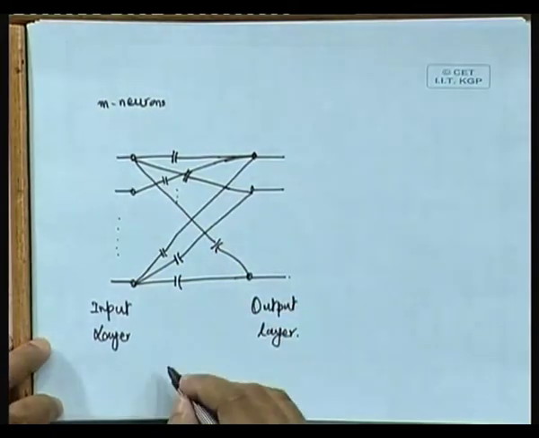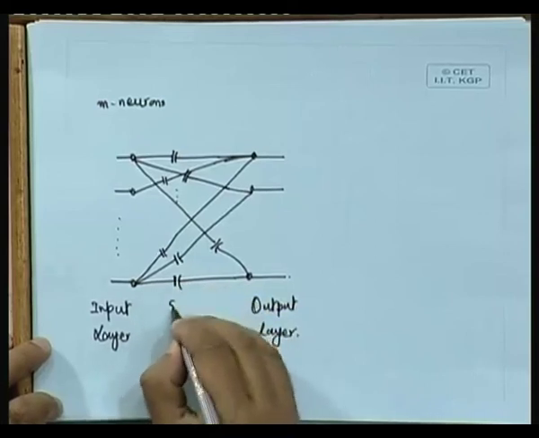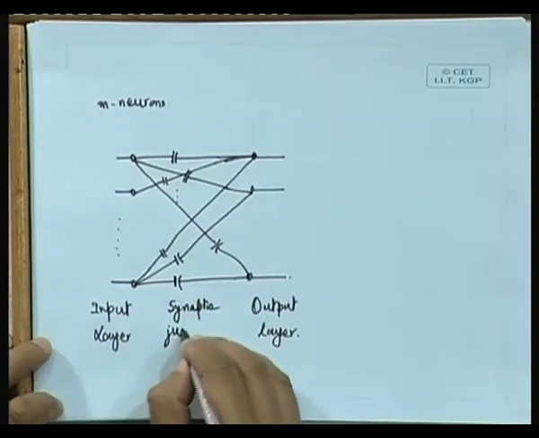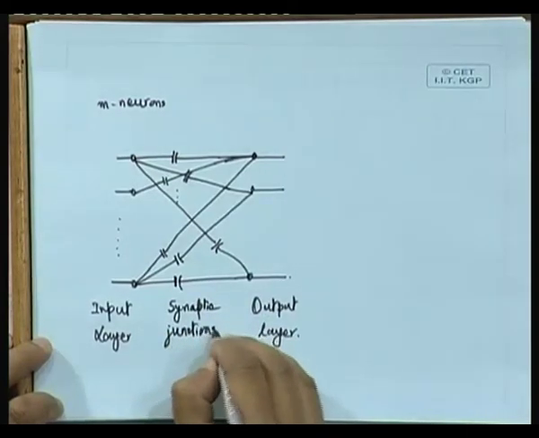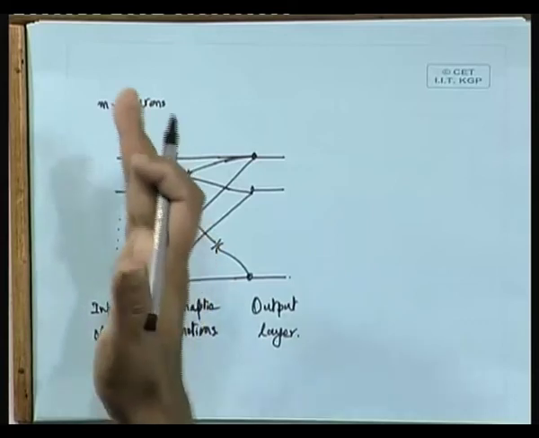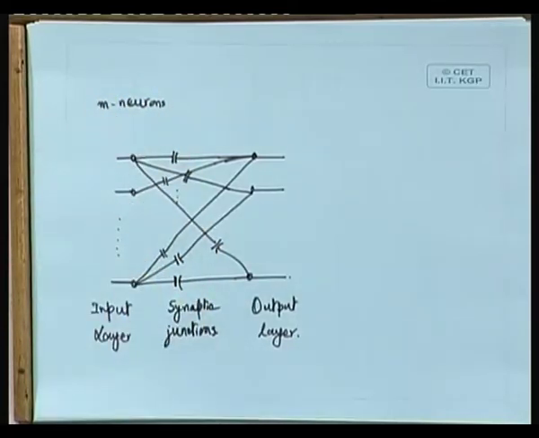So, all these things are nothing but the synaptic junctions. So, how is the association or the memory storage actually taking place? We are feeding the patterns at the input layer, and we are obtaining the response from the output layer. So, whatever is stored is actually stored in the form of the synaptic weights.